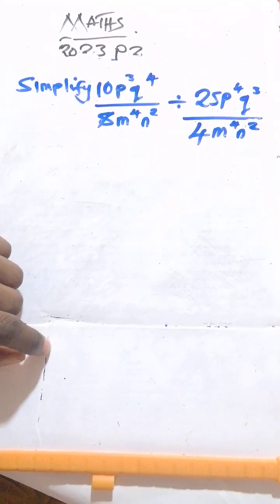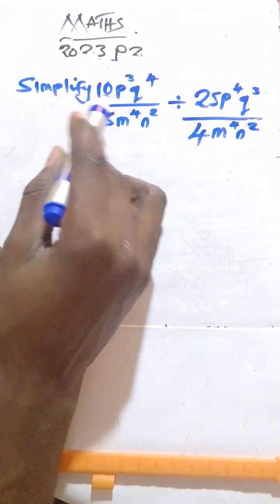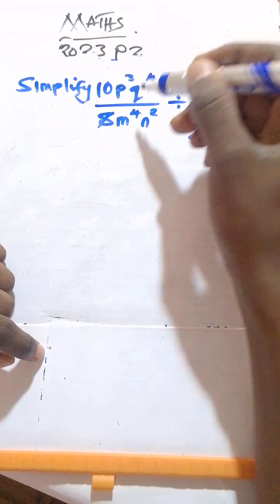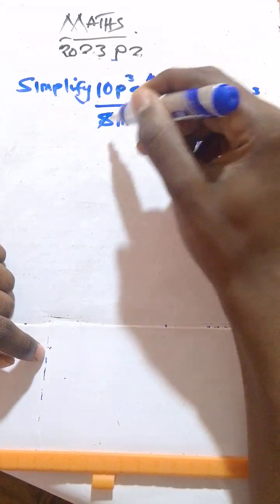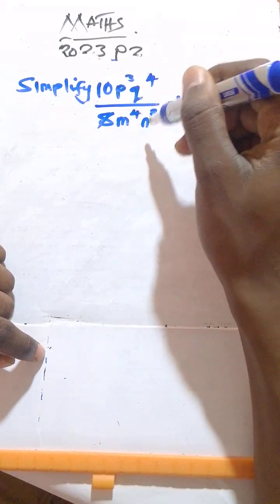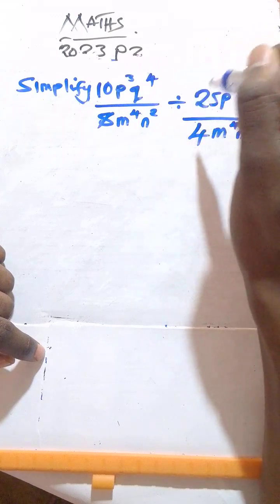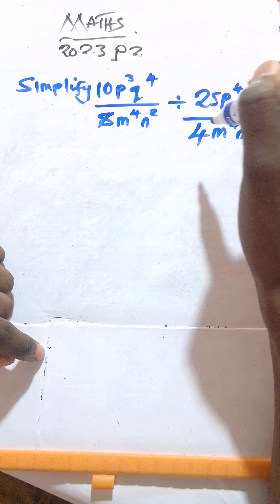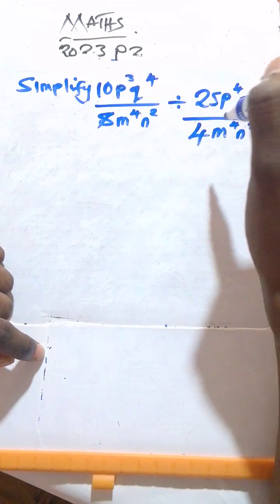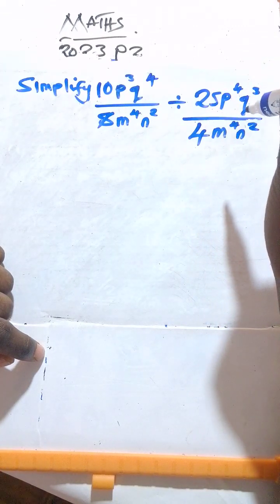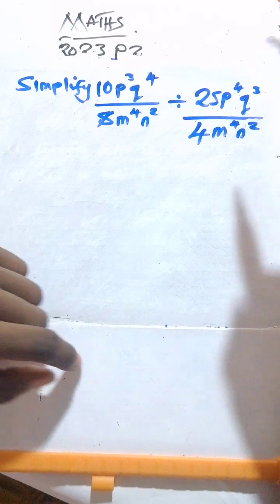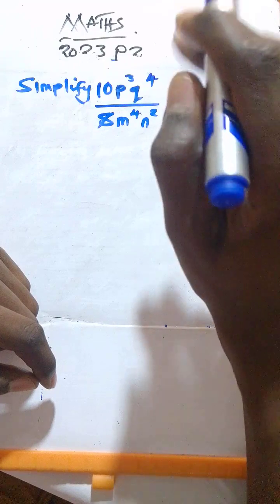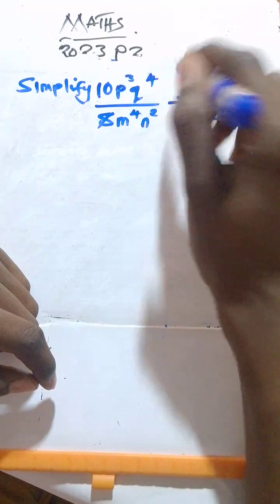We have simplify. So simplify 10p to the power 3 q to the power 4 over 8m to the power 4 n to the power 2, divided by 25p to the power 4 q to the power 3 over 4m to the power 4 n to the power 2. So we have division here. The first thing here, we need to ensure that we change this division sign into multiplication.